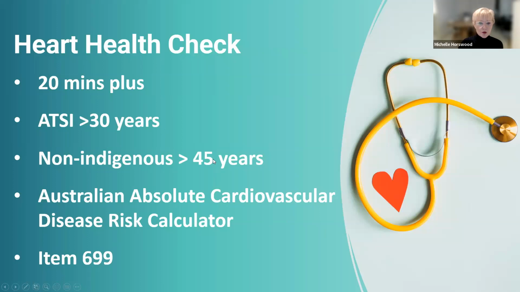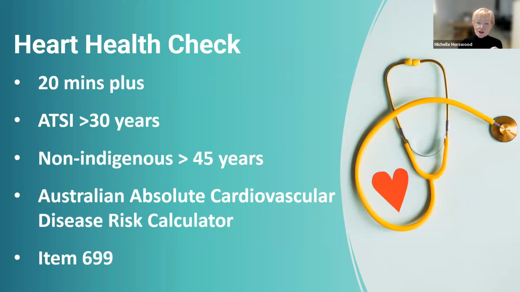Your GP or nurse who's preparing the information has to use the Australian Absolute Cardiovascular Disease Risk Calculator. I have put a link to that at the end, but basically it involves collecting information about risk factors from the patient, including cholesterol, which must have been done in the last 12 months. So you need to know about their family history, their diabetes status, alcohol, all of the things that are cardiovascular risk factors.